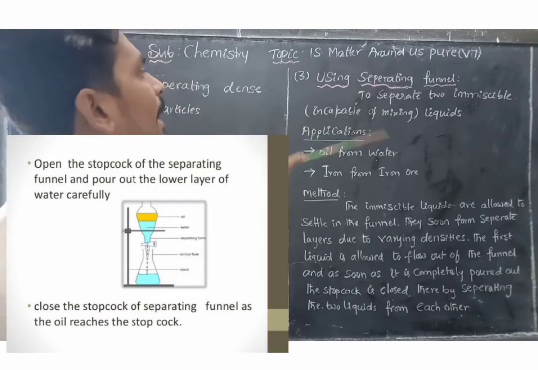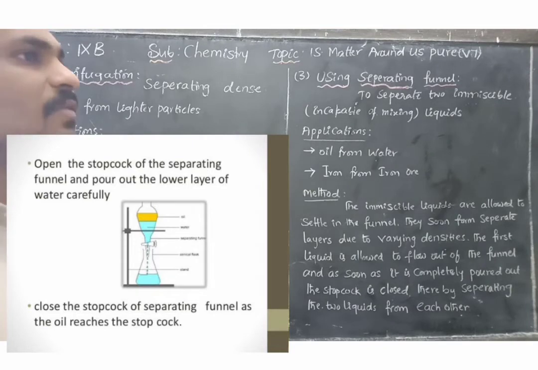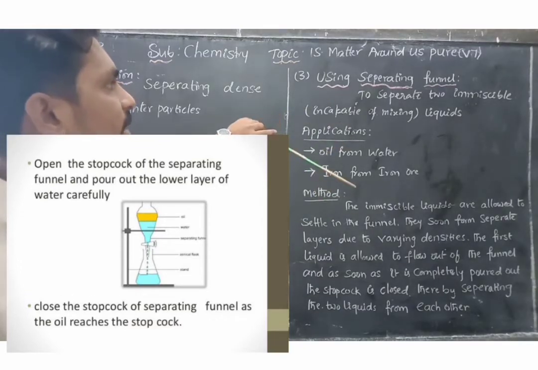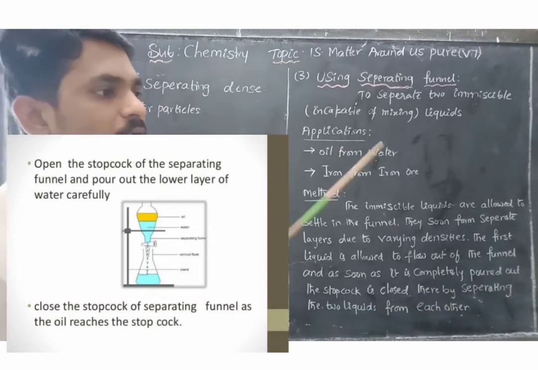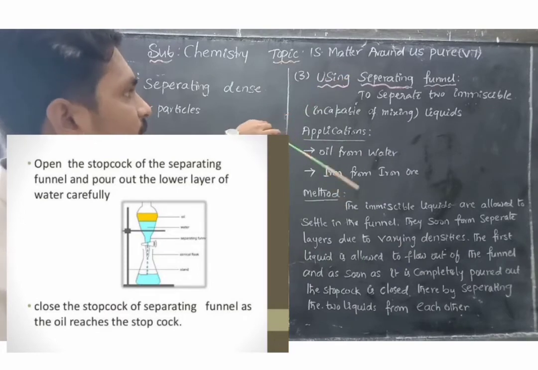Immiscible means incapable of mixing. When two liquids do not mix, how do we separate them? This is done by the separating funnel technique. Application: oil from water. To separate oil from water, we use the separating funnel technique.